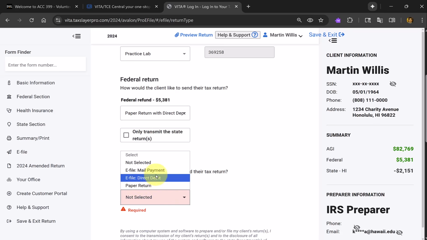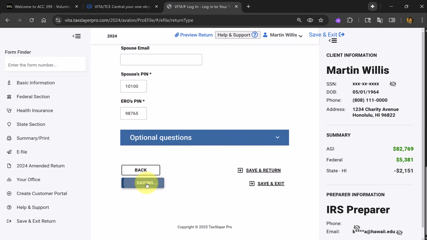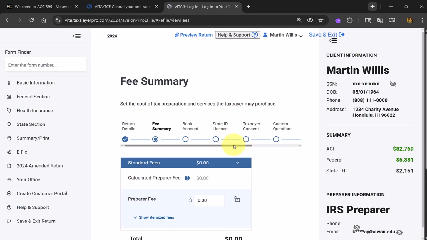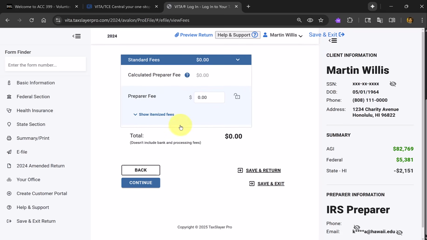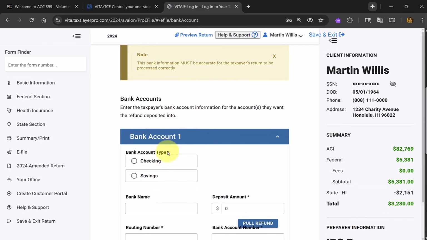I'm going to do, let's see, paper return. Paper, yeah? We're not going to e-file like you probably would do in a real return. And continue. We don't charge any fees here at VITA. Just continue. So here's the bank information for direct deposit.